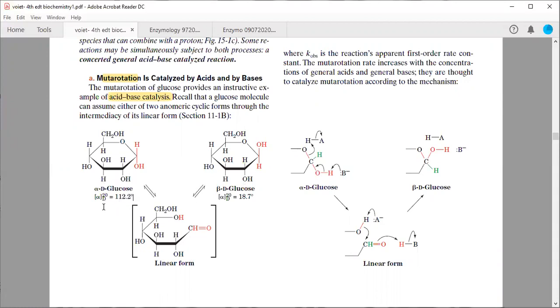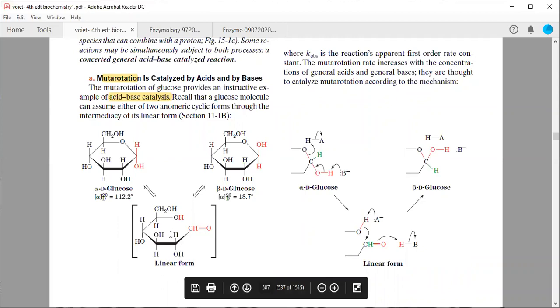If the solution has a specific rotation around 112.2 degrees, most of the species in the solution are alpha glucose. If it is around 18.7 degrees, it is beta glucose, and somewhere in between there is a linear form. So this mutarotation is an acid-base catalyzed reaction in our body.